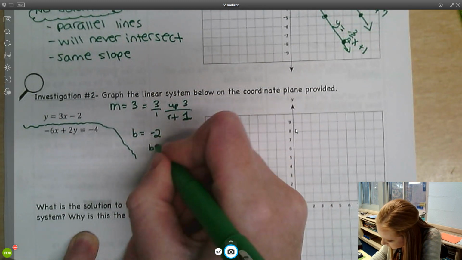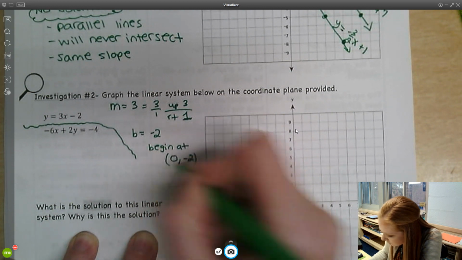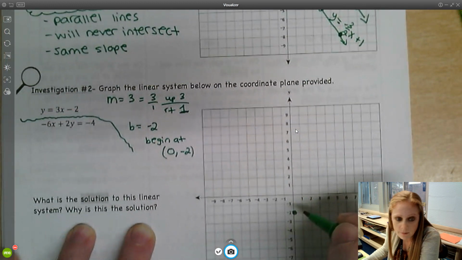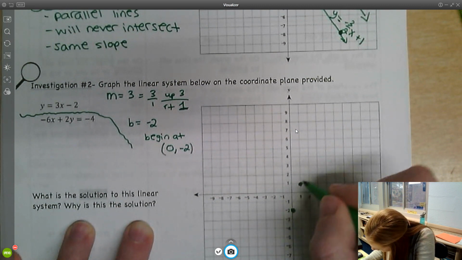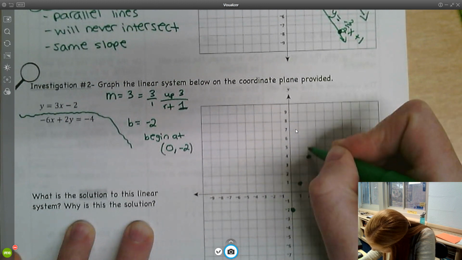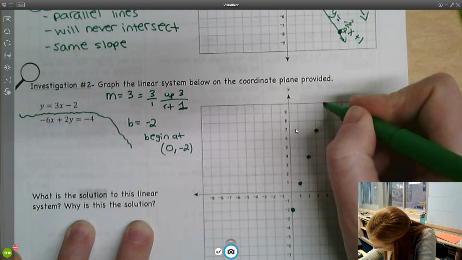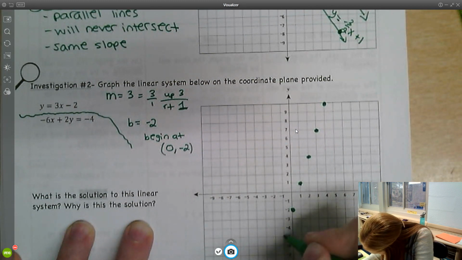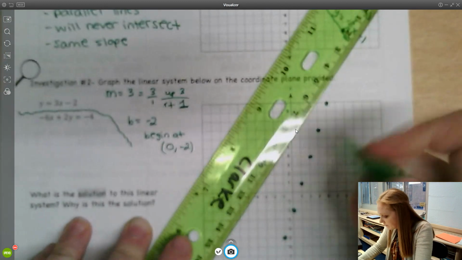So we begin at (0, negative 2). Move up 3, right 1. Again, our slope of 3 is 3 over 1, so we're going up 3, right 1. We can go down 3, left 1. And that's our first line.